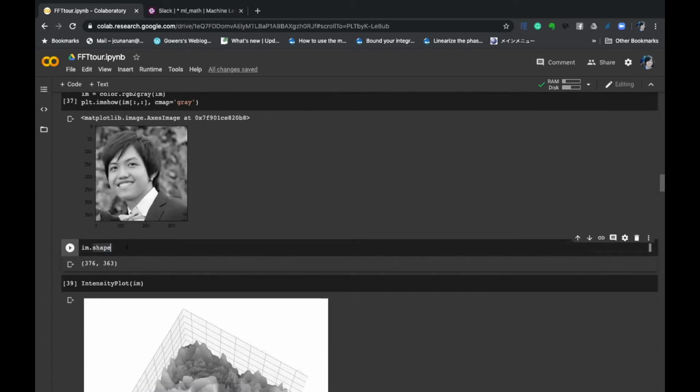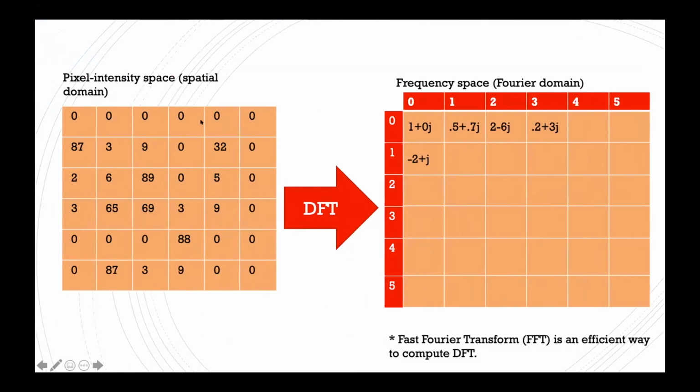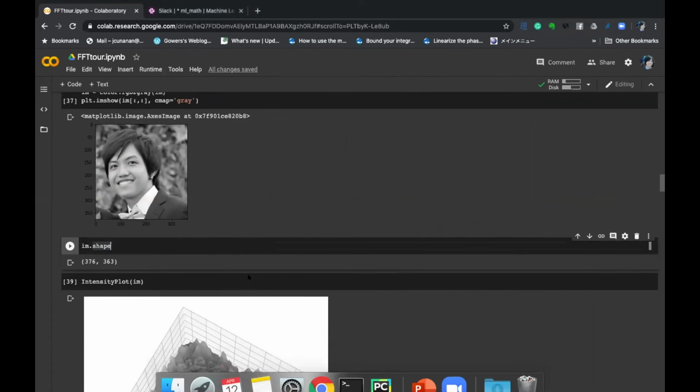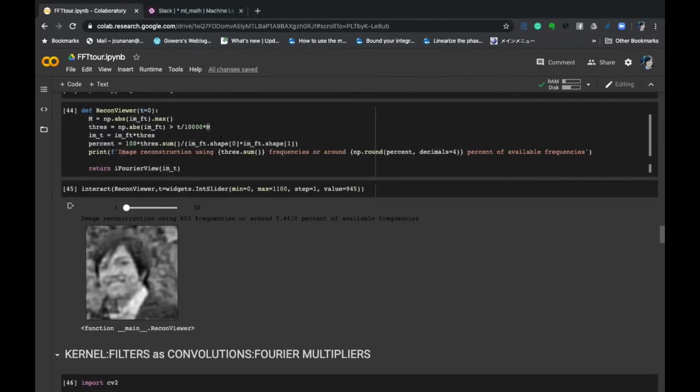That is the number of frequencies you have, because the number of frequencies you get is the size of the image. That is how I get this percentage: I'm just using the product of the shape of the function and dividing by that. Okay, thanks.